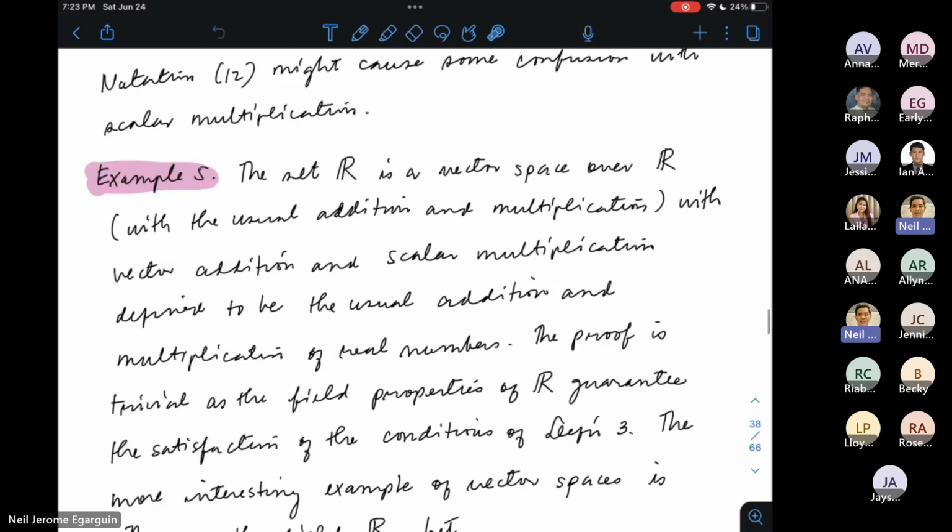Tingnan natin yung mga examples ng mga vector spaces, all right? Now, in example 5, the set R is a vector space over R. So this example is telling us that our V is the set of real numbers, and our field of scalars is R itself.